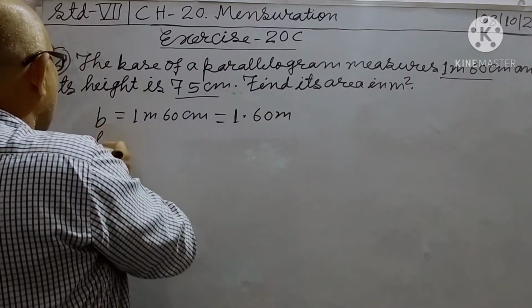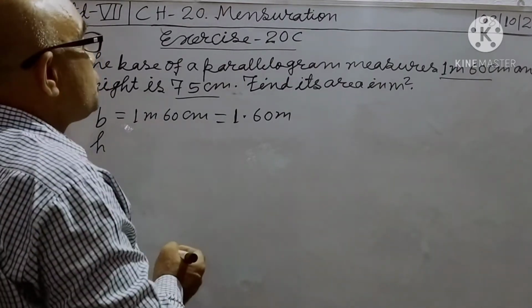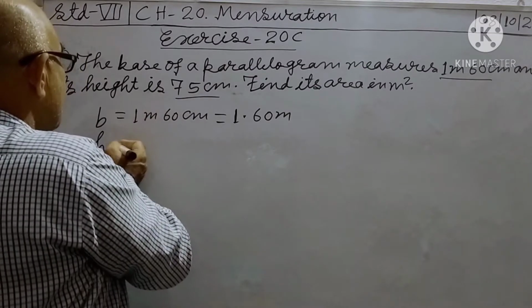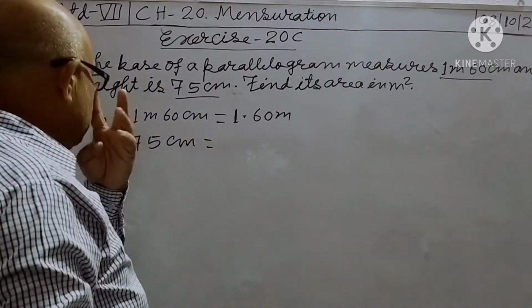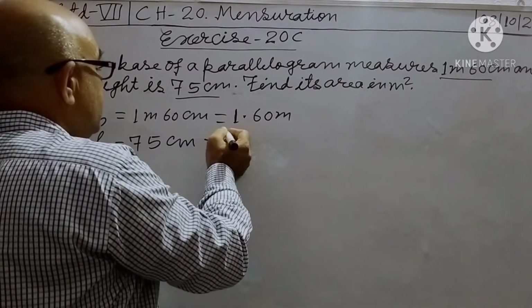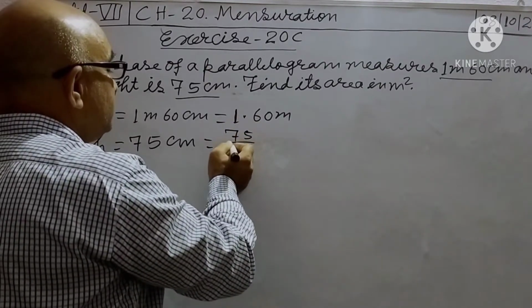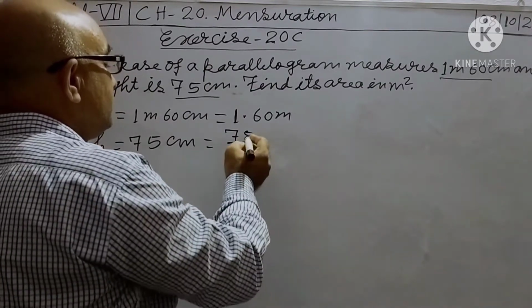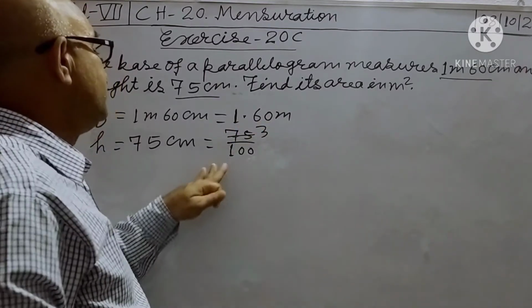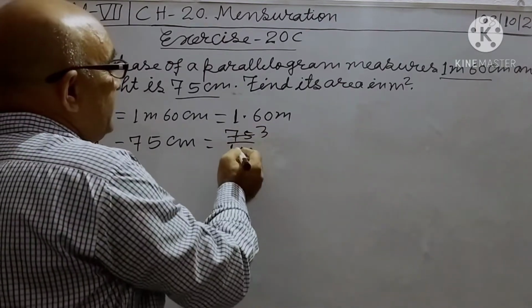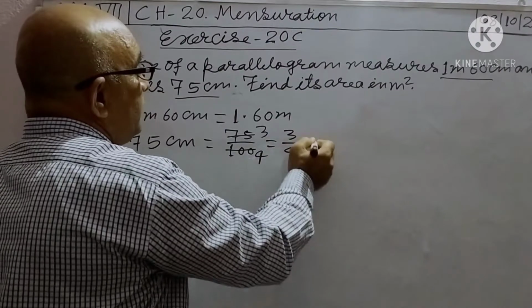And height between two parallel sides is 75 cm. Change it into meter, so 75 by 100 equal to 3 by 4 meter, since 25 threes are 75 and 25 fours are 100.